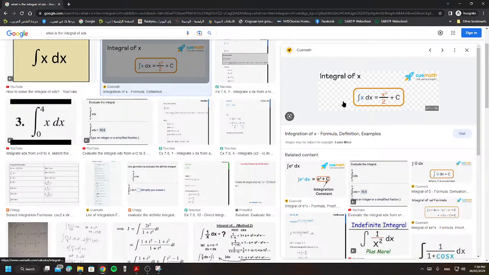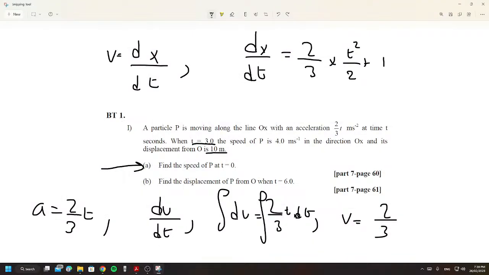Okay, so here they said integral of x dx is x squared over 2. Therefore, the integral of 2 over 3 t dt is just 2 over 3 times t squared over 2, so 2 over 3 times t squared over 2, or basically 1 over 3 t squared, plus c, right?